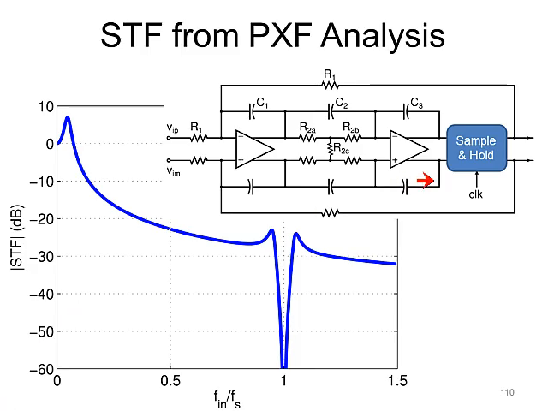This is a second order continuous time delta sigma modulator where a sample and hold has replaced the quantizer. As I indicated earlier, a continuous time modulator has nulls at multiples of the sampling rate, so the signal transfer function is virtually 0 when the input frequency is equal to fs.